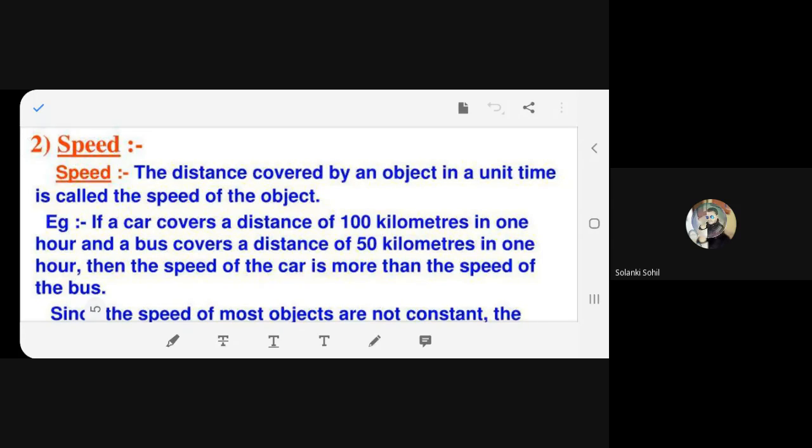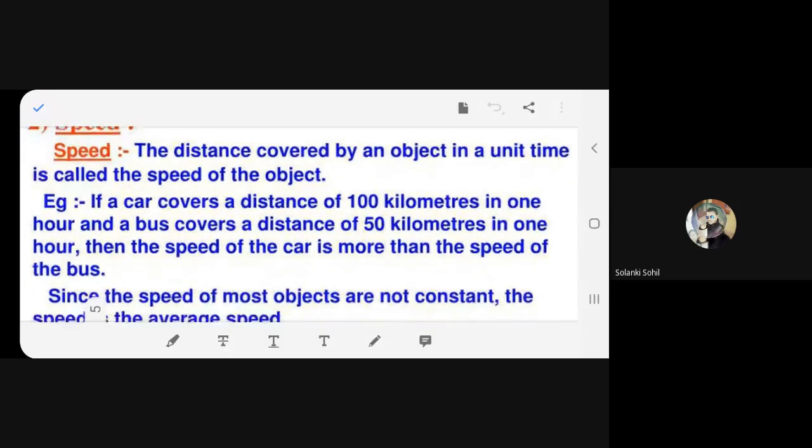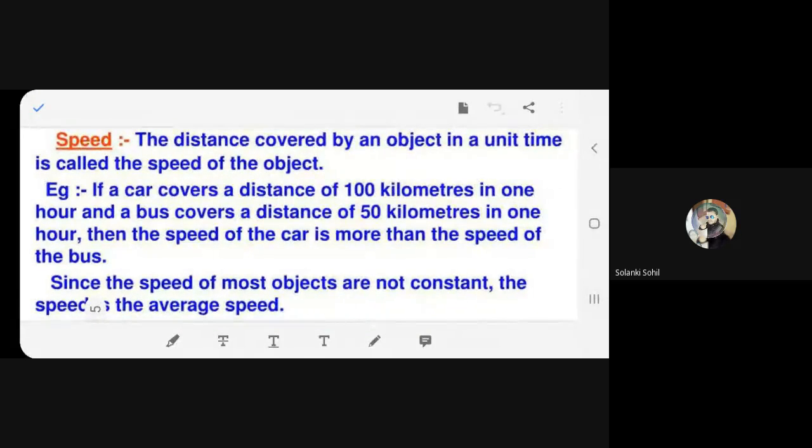Okay? Speed. The distance covered by an object in a unit time is called the speed of the object. Example: if a car covers a distance of 100 kilometers in 1 hour and a bus covers a distance of 50 kilometers in 1 hour, then the speed of the car is more than the speed of the bus.